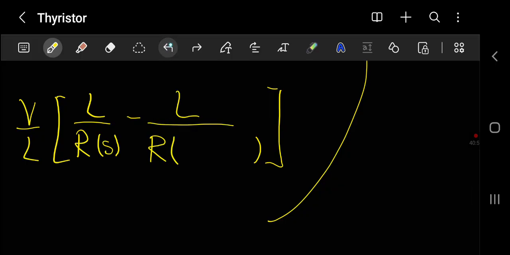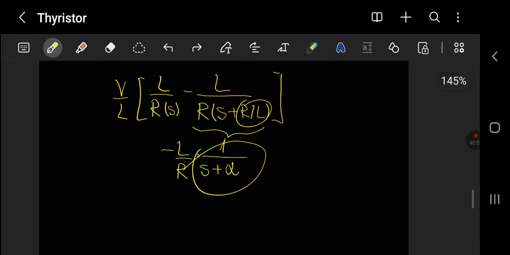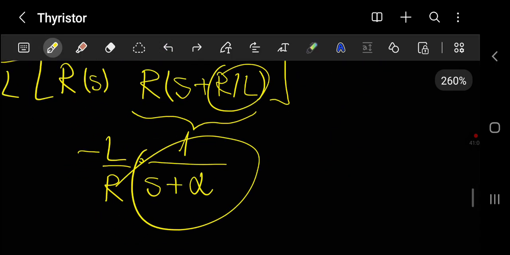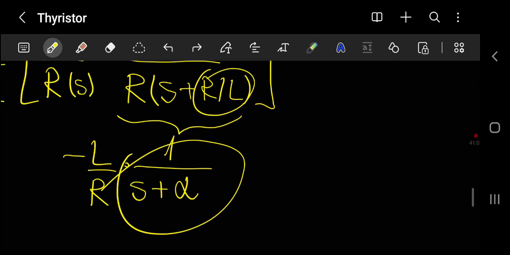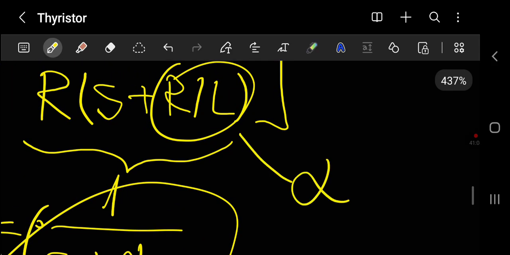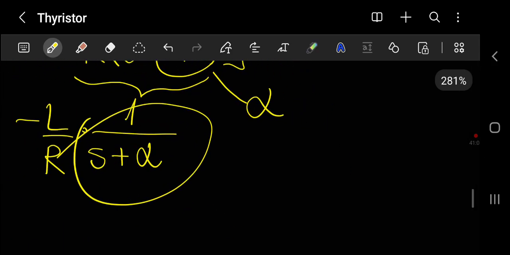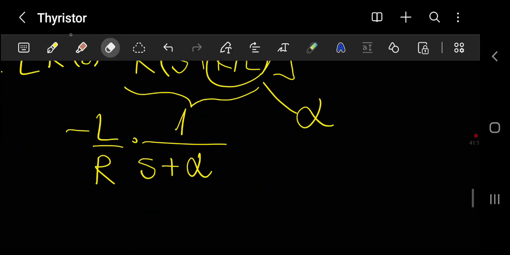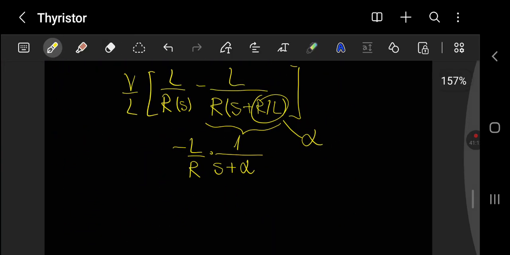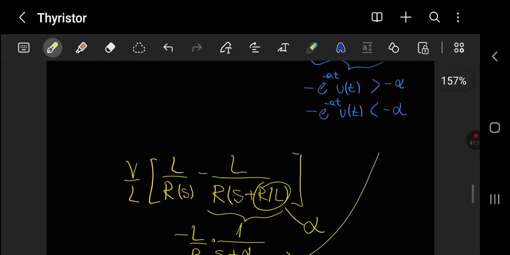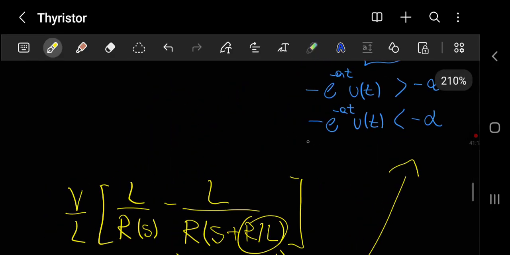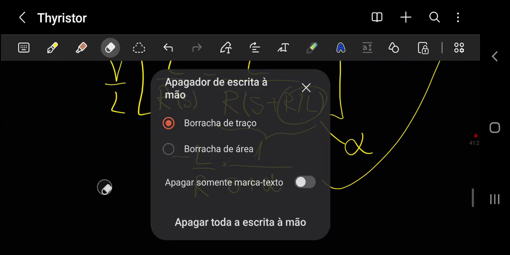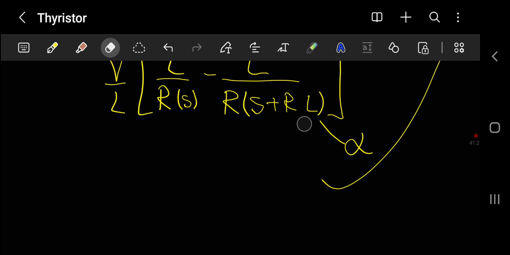Okay, again repeating the process. R over L, it's alpha, so it's 1 over s plus alpha. And if you look at this on the Laplace transformation table, you're gonna find this transformation.